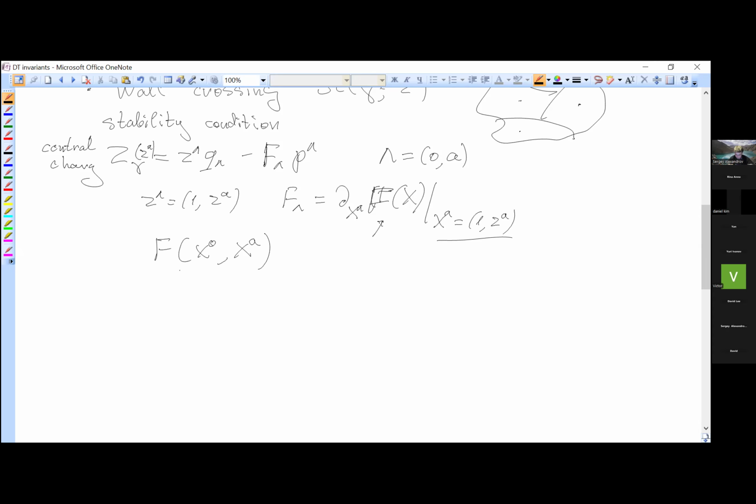Yeah, I was a bit slow. So the idea is that this F depends on X^0 and the X^A, which I collectively denoted by X^λ. What are X^0 and X^A? These are homogeneous coordinates, whereas my Kähler parameters. On what space? Wait.